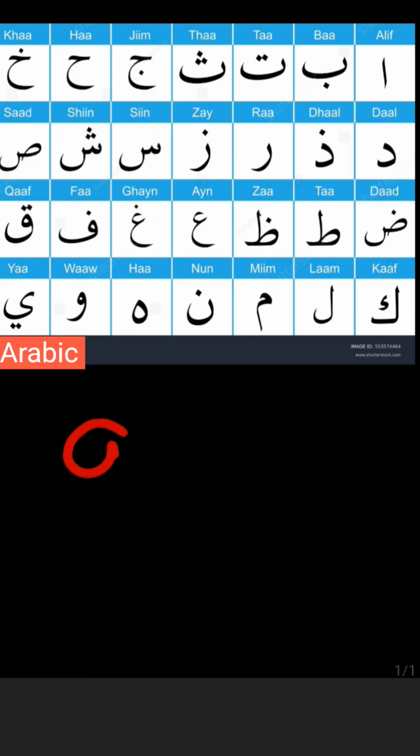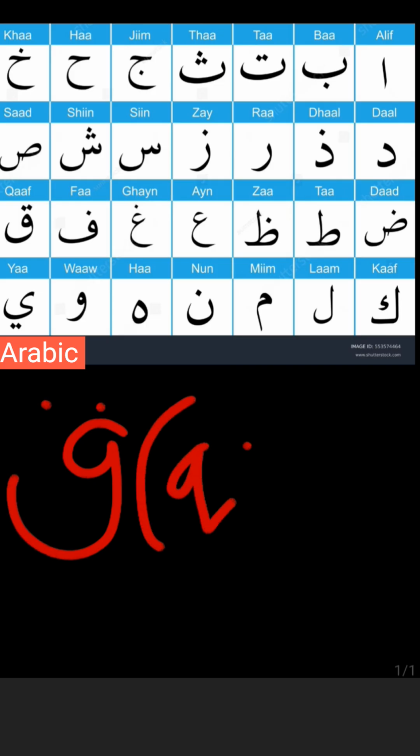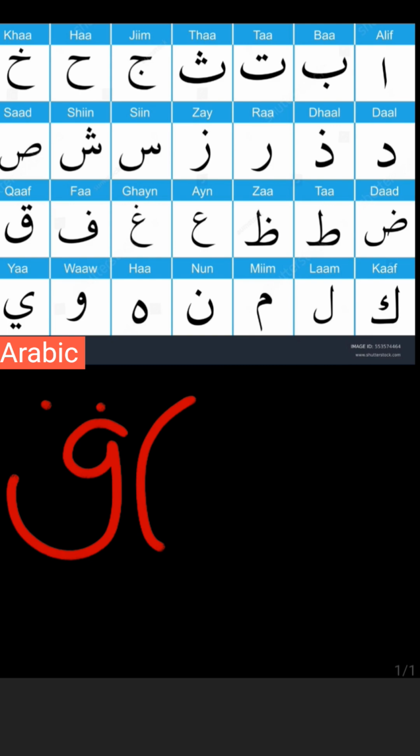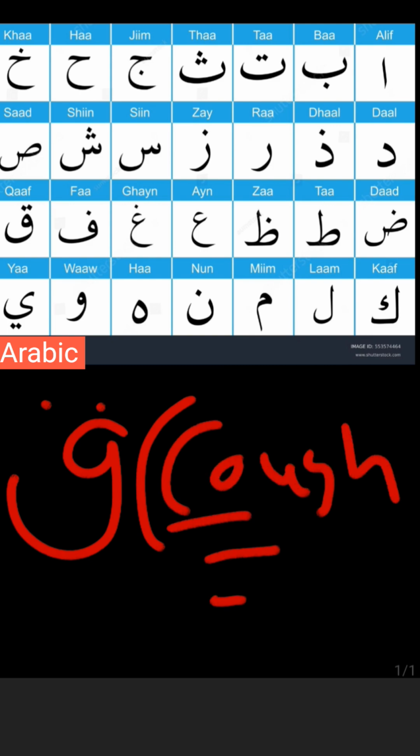And the next letter we have is Qaf. I don't think there's an equivalent in English. Maybe we could say cough, but then you would be saying the C a little bit soft, and this part has to be a little bit harder.